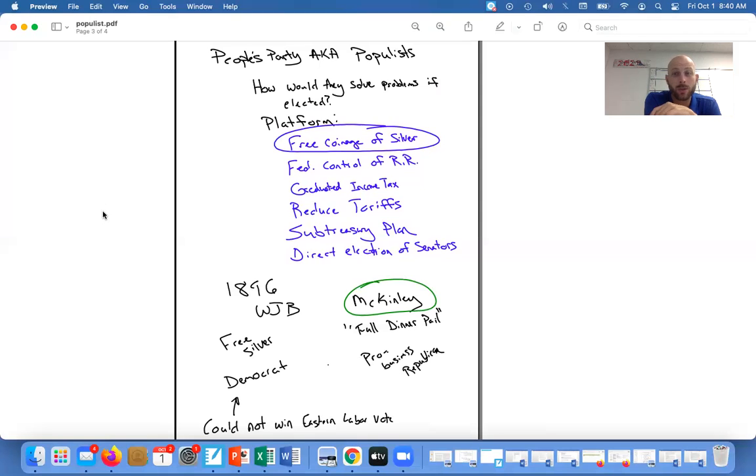He's unable to win the Northeast because he cannot win the labor vote. So labor unions do not vote with the Democrats and the farmers. If you could have somehow taken that poor farmer and teamed him up with that working class immigrant, you maybe could have got something there. But he was unable to do that.